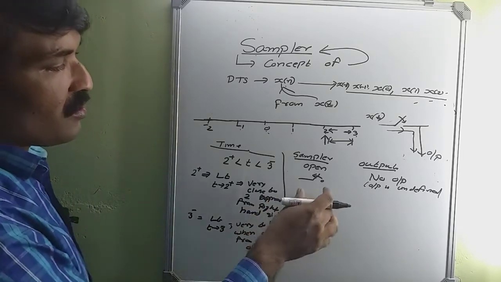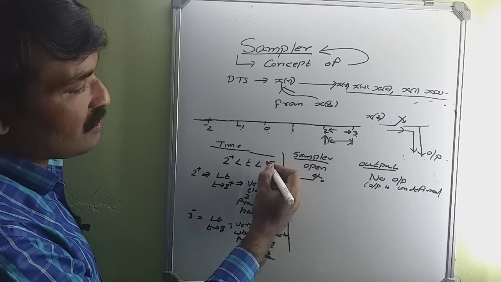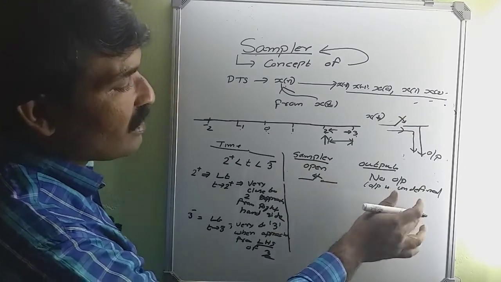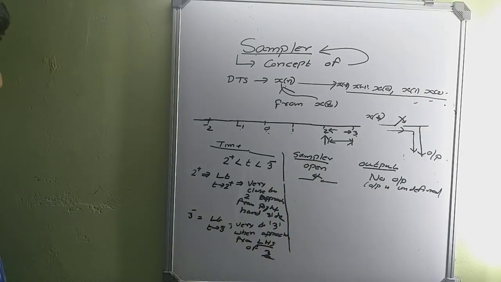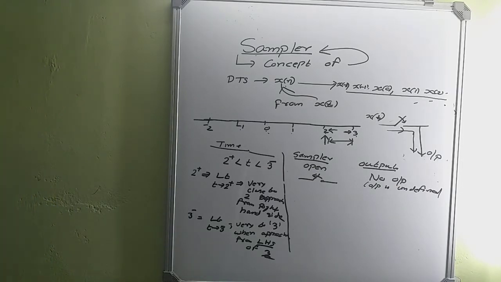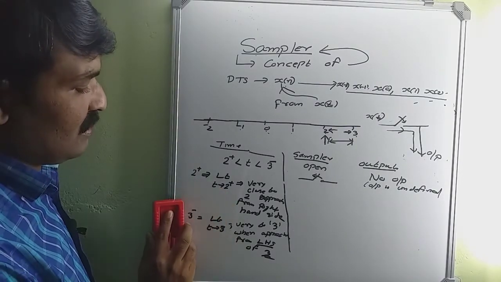So in the interval 2 plus less than t less than 3 minus, the sampler remains open and we don't get any output.